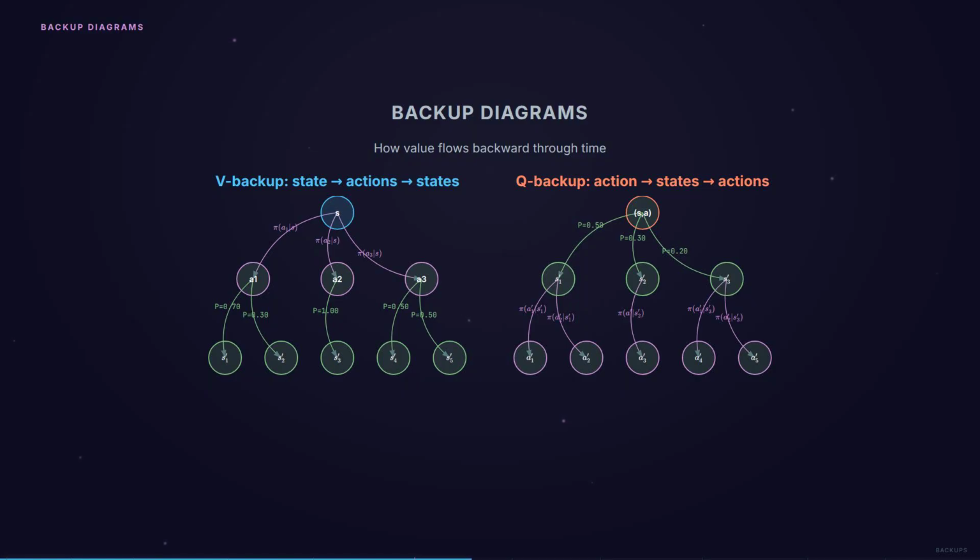Each next state branches into next actions weighted by the policy. Again, value flows upward. These diagrams aren't just illustrations, they're computation graphs. Every RL algorithm we'll study, from dynamic programming to Monte Carlo to temporal difference learning, is really just a different way of performing these backups.